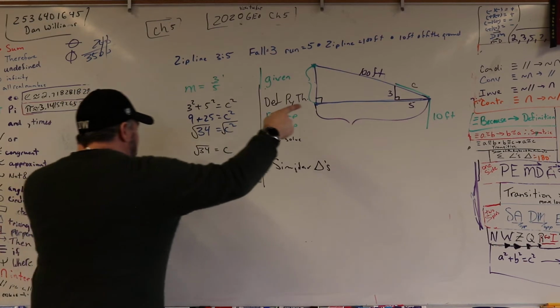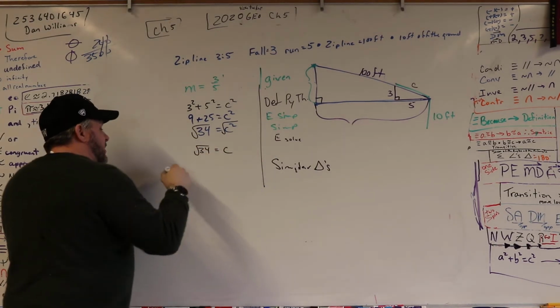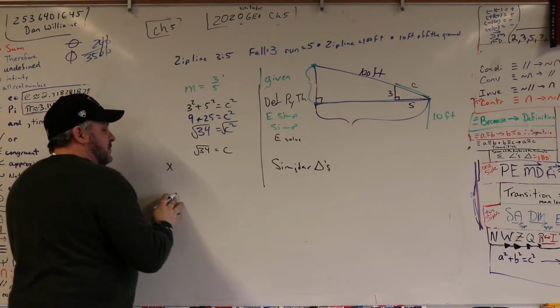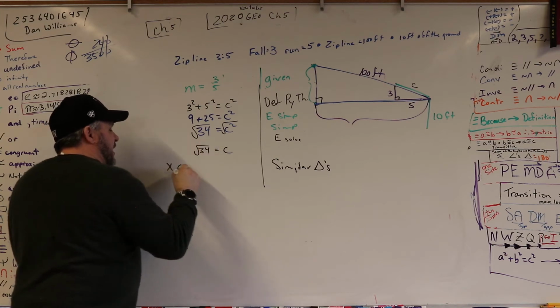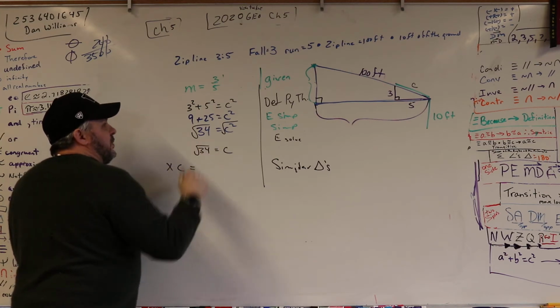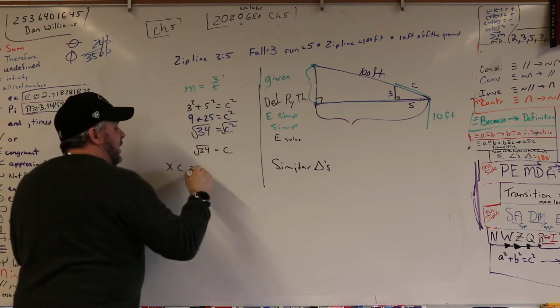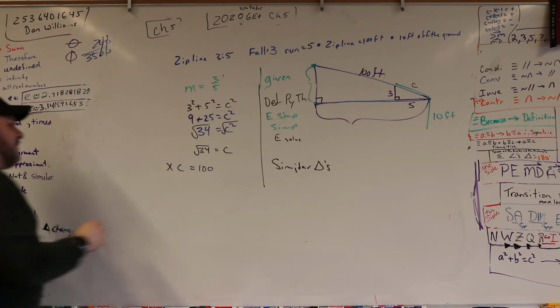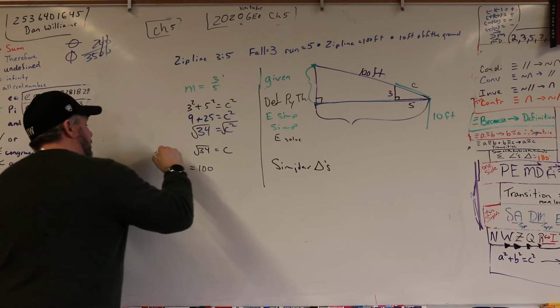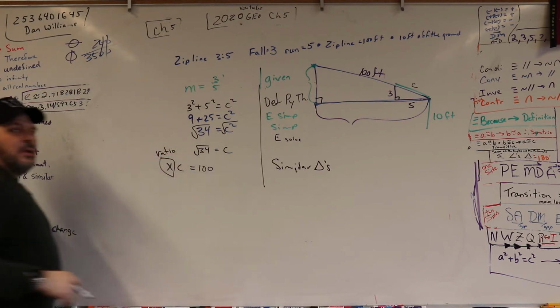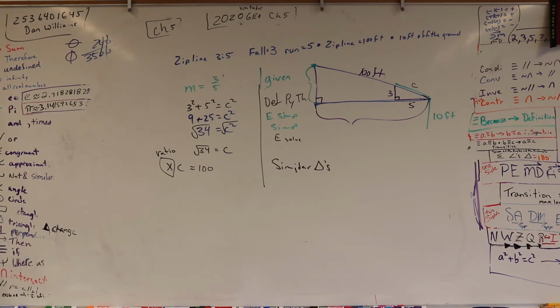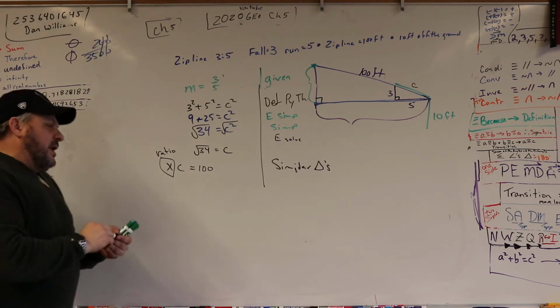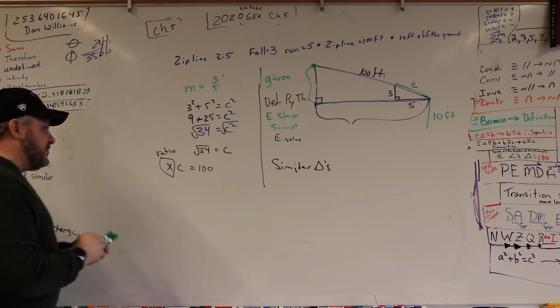The ratio problem is some number x times c is going to equal 100, right? And we're trying to find this. X is our ratio, our similar triangles ratio. Okay? What is C? So that's similar triangles.